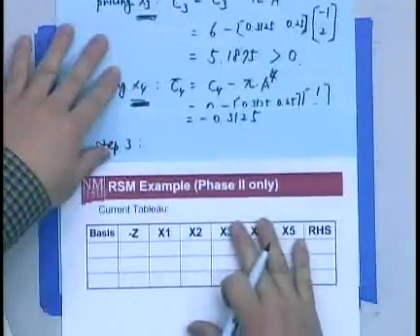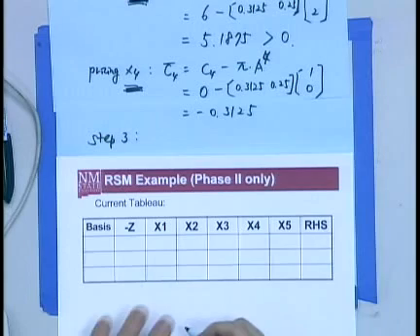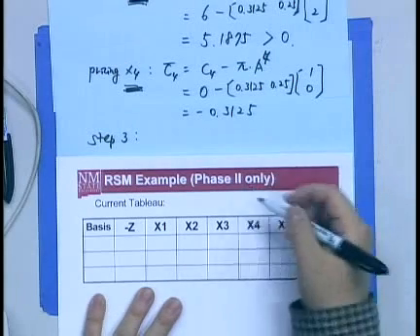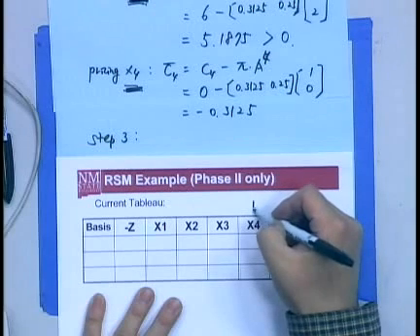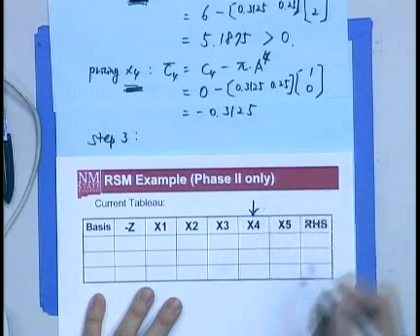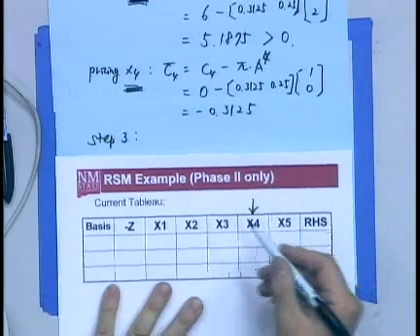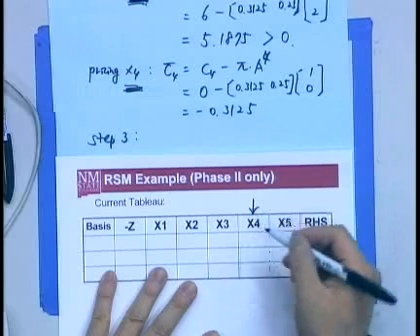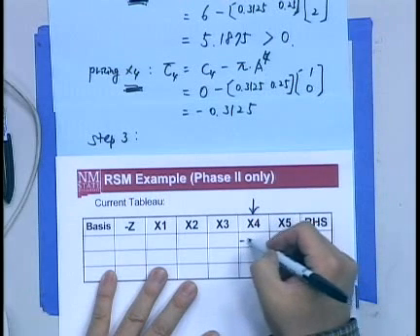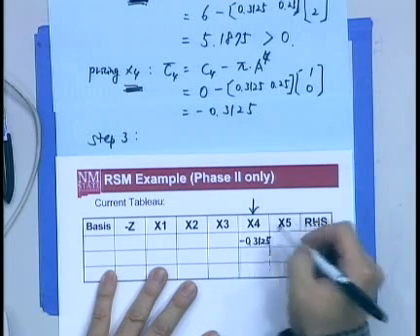So this is the current table, and the x4 variable has been chosen to enter the basis, right? And the reduced cost for the x4 variable is negative 0.3125, right?